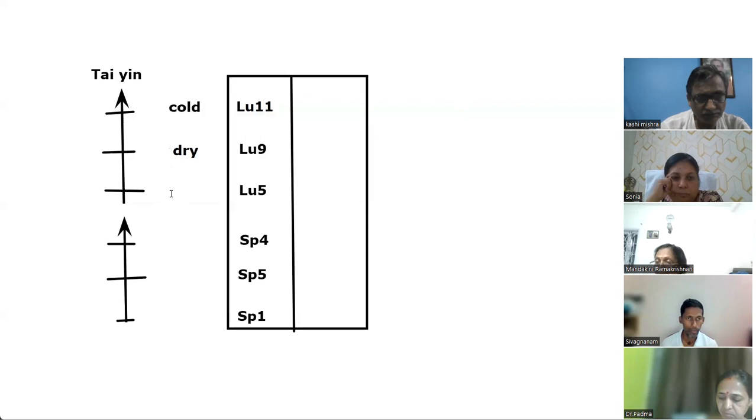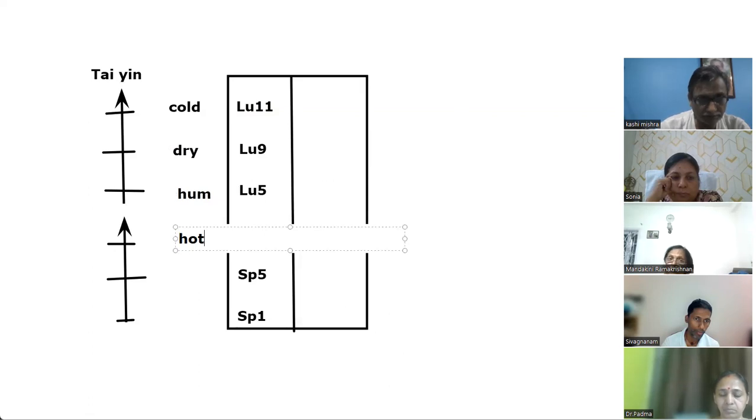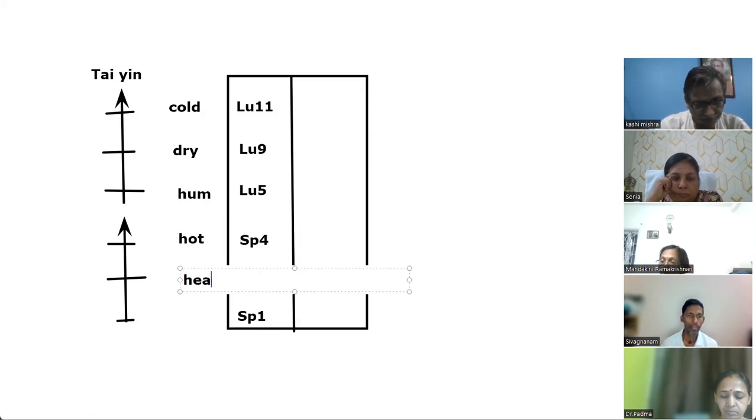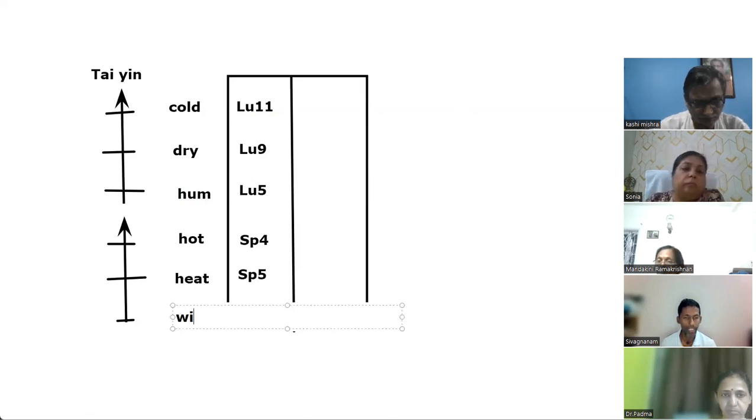What is this? This is humidity. What is this? Hotness. What is this? Heat. What is this? Wind.